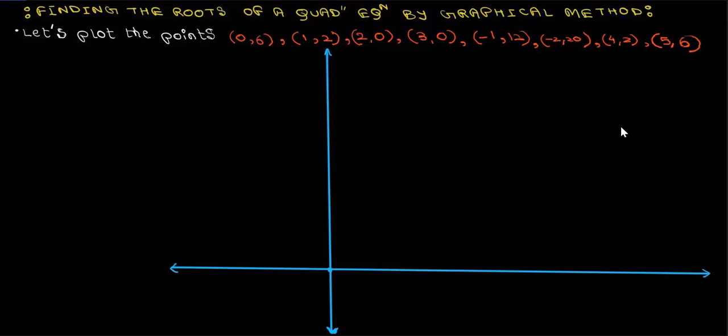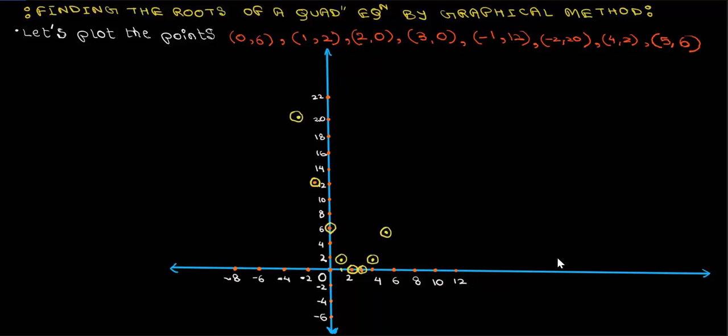Let's plot these points. Let's say these are the coordinate axes and these are the points. This is the origin O. This is 2, 4, 6, 8, 10, 12. These are the positive values and these are the negative values. These are four quadrants. So we have plotted these points. 0 comma 6 is this point.